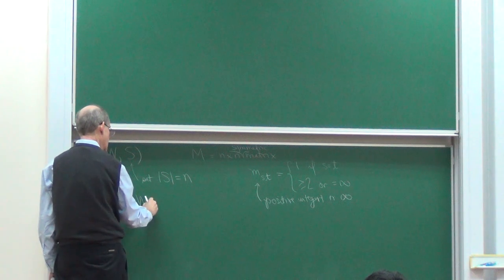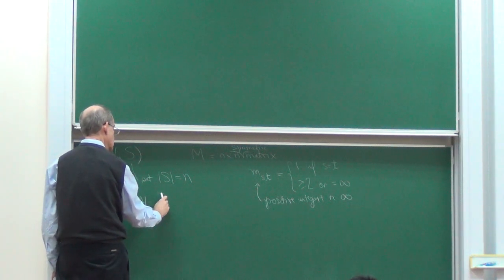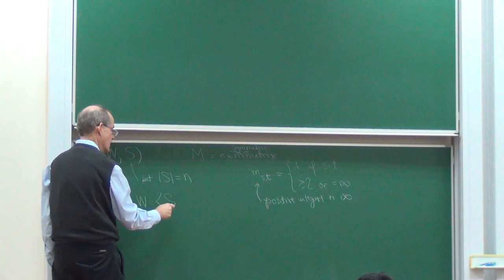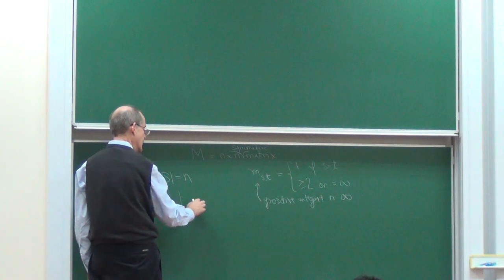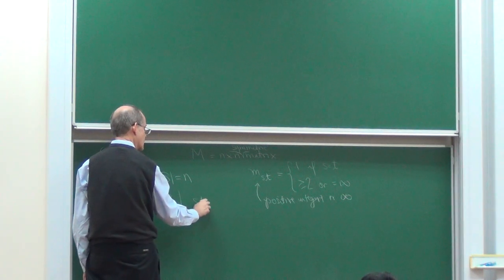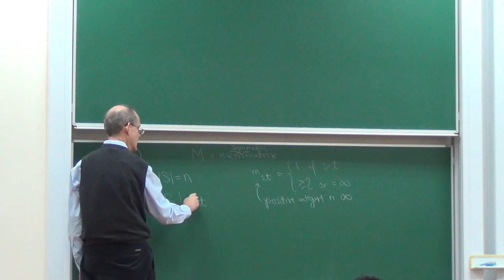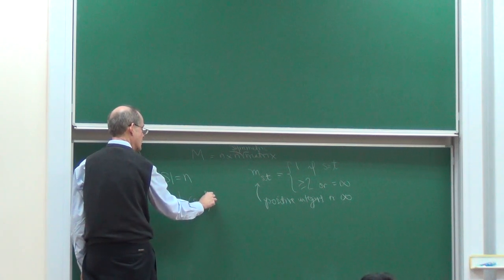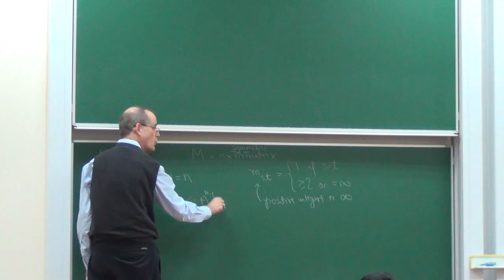The Coxeter group is the group that's generated by this set S, subject to the relation that the product of 2 elements S and T to the M_ST power is equal to 1.